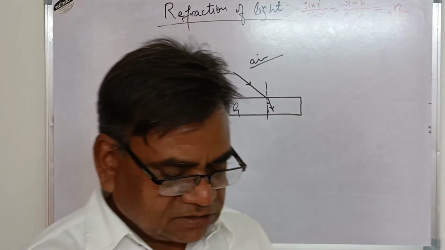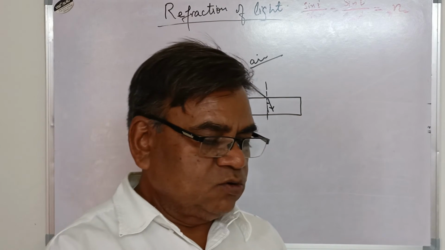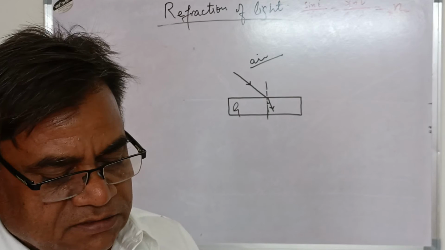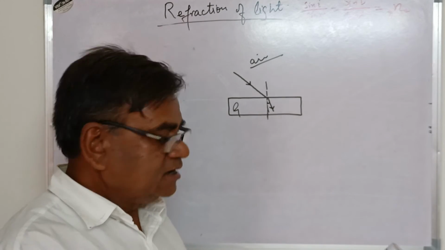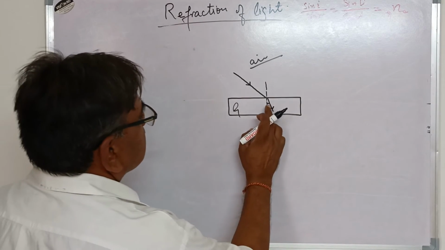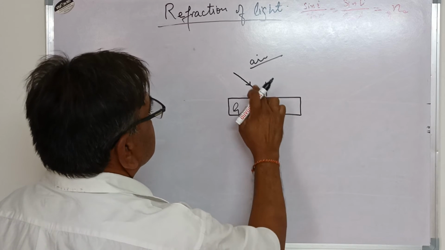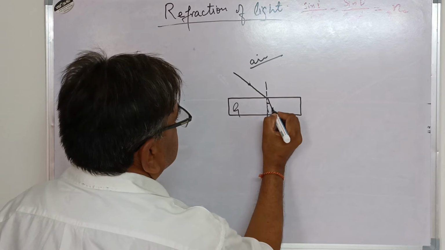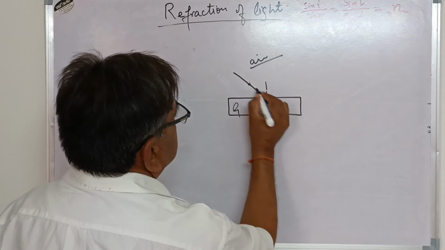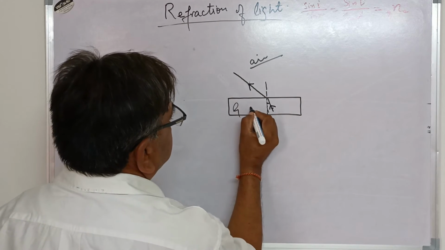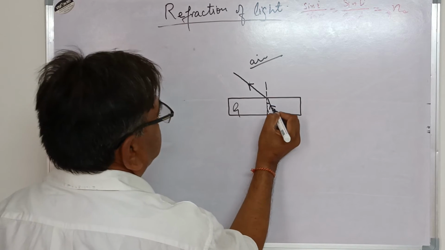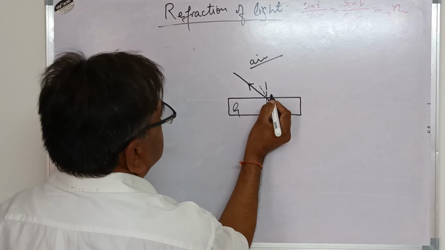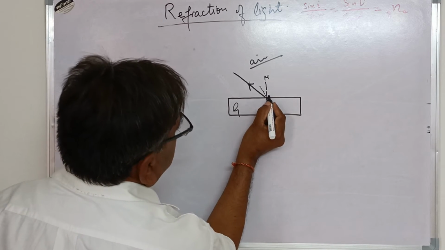Second question: if a ray of light goes from a denser medium to a rarer medium, it is the opposite. Let us reverse it. Let this ray start from here, in a denser medium. The original path is this, and this is the normal.